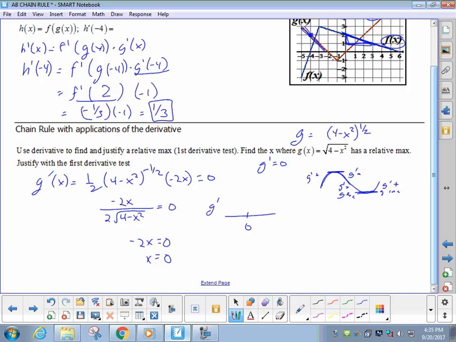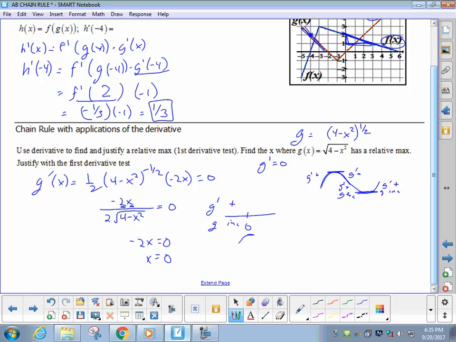Before that point, if I put in maybe negative 1, then I would get negative 2 times negative 1, which is positive 2, over 2 root 3. Now altogether that's positive. If g prime is positive, then that implies g is increasing up to the point where x is 0, where the derivative is 0, so the graph goes flat for g.